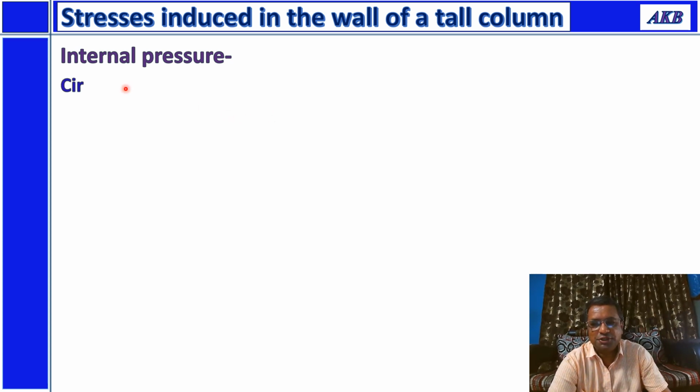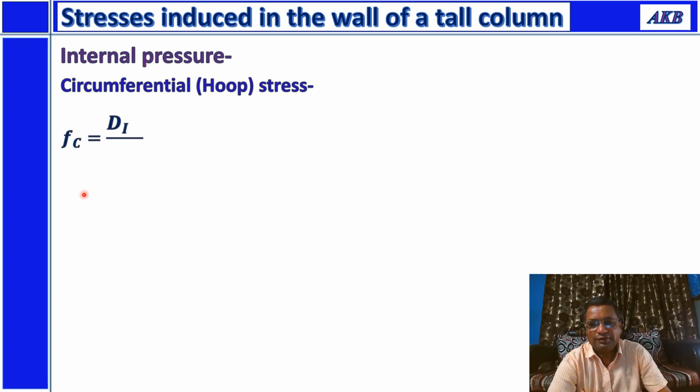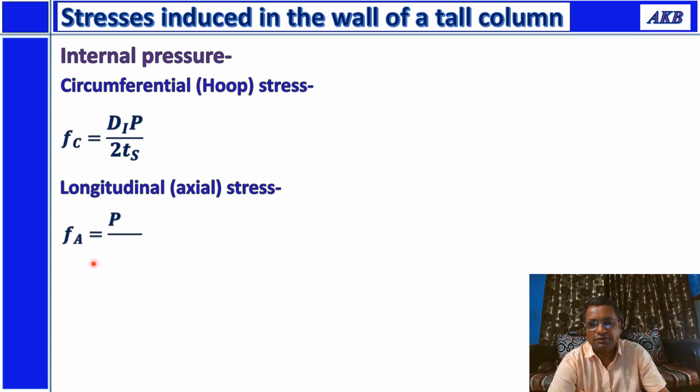For internal pressure, the circumferential stress or hoop stress that is induced is given by this equation: Fc is equal to di into p upon 2 into ts. Whereas the longitudinal stress induced due to internal pressure is given by this equation: Fa is equal to p into di upon 4 into ts.